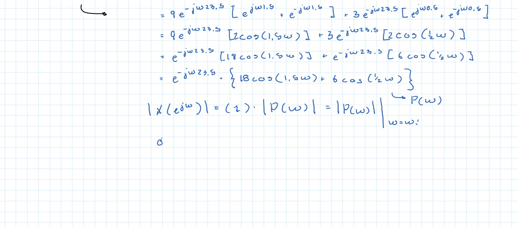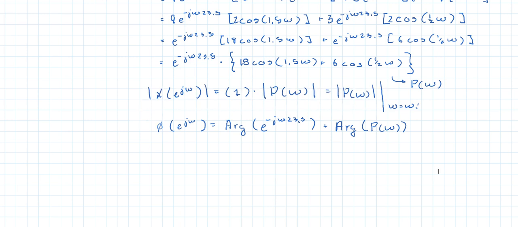Now, the phase is equal to the argument of the exponential, e to the minus j omega 23.5, which is anything that's in front of the complex variable, plus, and I forgot this in the video for the type 1 signal, the argument of p of omega.